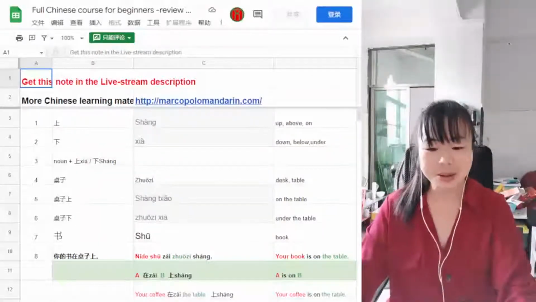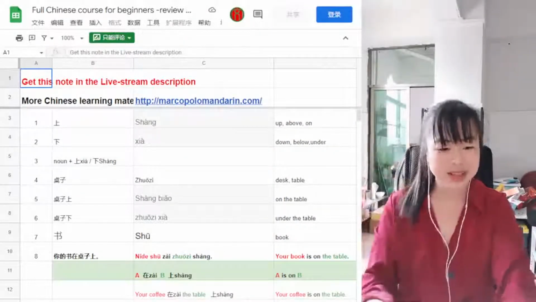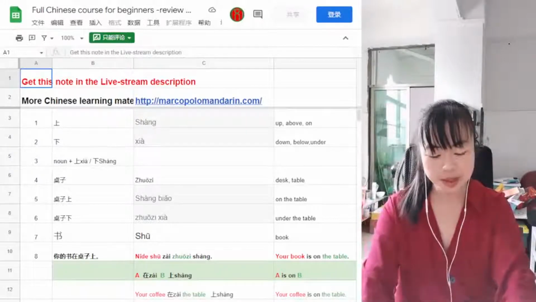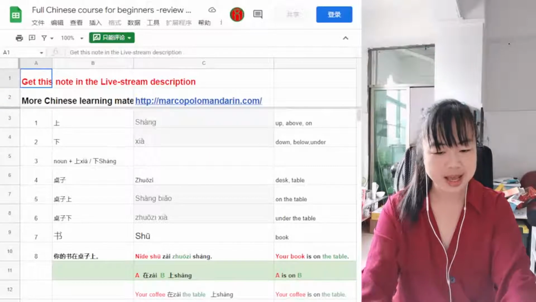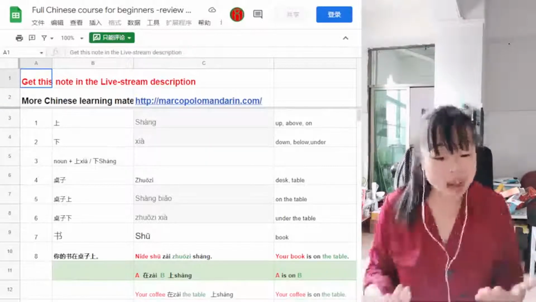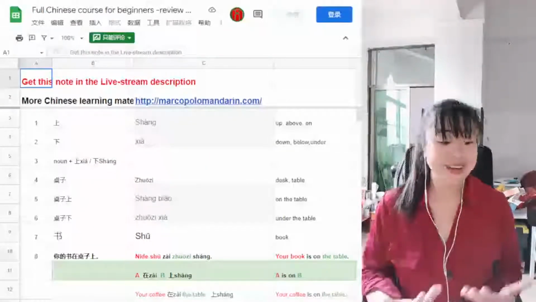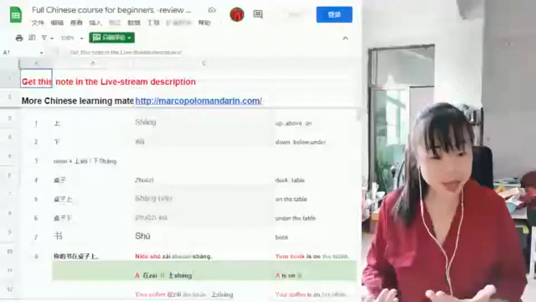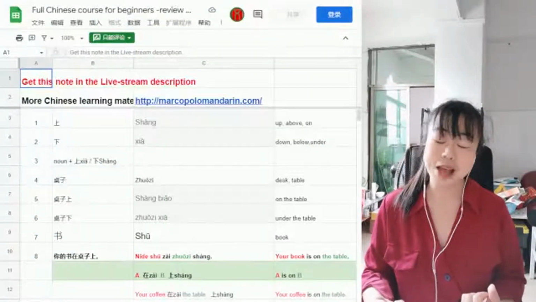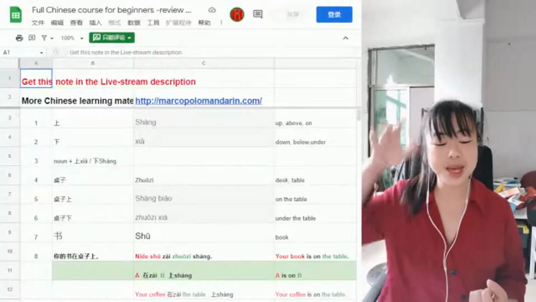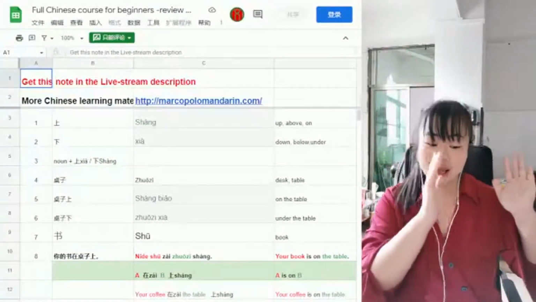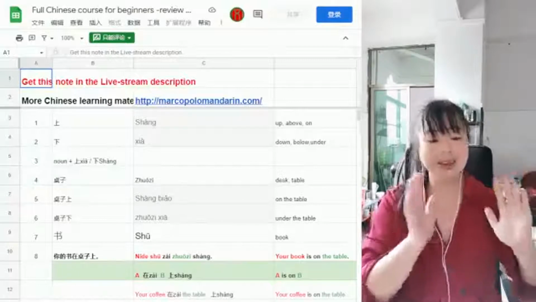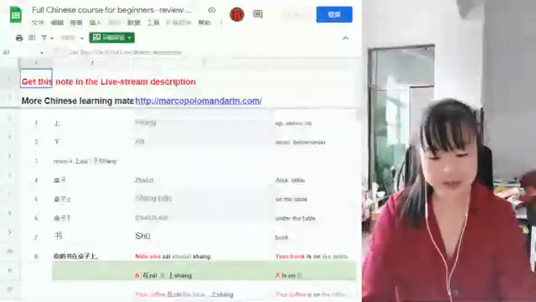Okay, so in the restaurant, you can either say 饭店里. Yeah, as I mentioned, you have to have a noun before 里, but for 里边, it's optional. You can say 里边 blah blah without any other words. But if you want to say 饭店的里边, yeah, it's 饭店的.